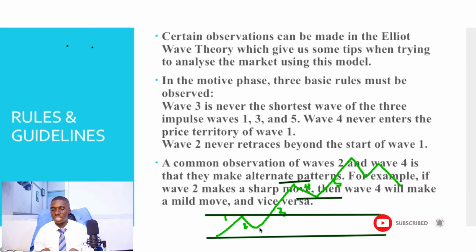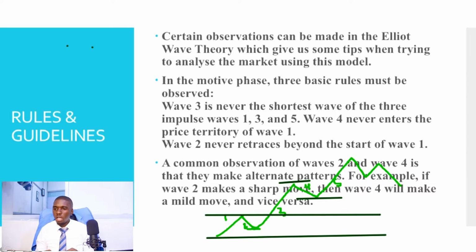Like you can see clearly here, this is the lowest of wave 2, the last part of wave 2. As we said, it shouldn't go beyond the start of wave 1, because we can now clearly see the beginning point of wave 1. Okay, this is the beginning point, this is the last point.